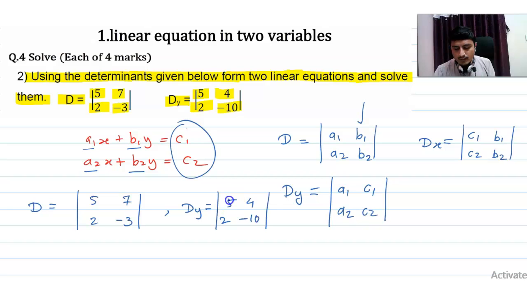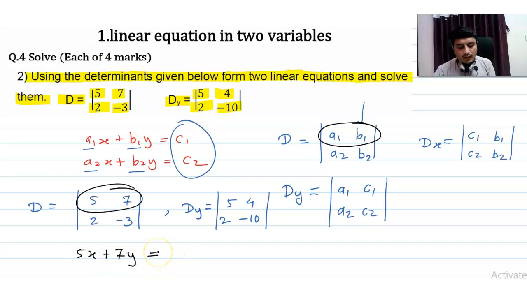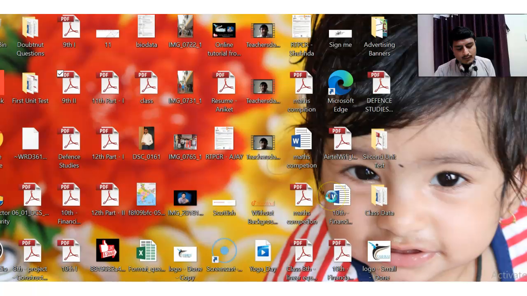So the coefficients of x and y from the first equation, we have 5 and 7 as the first row of D, that are a1 and b1. Coefficients of x and y from equation 1, we are getting 5x plus 7y. While the constants, as per the Dy value, c1 and c2, we have 4 and minus 10 respectively.